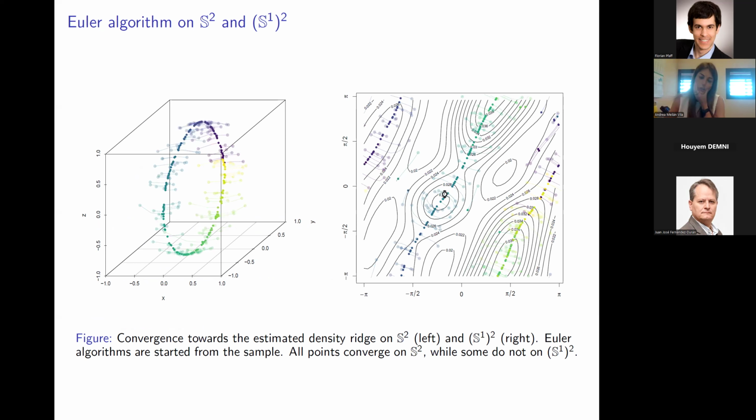Meanwhile, the representation on the right is for the product of two circles. So we have the convergence towards the estimated density ridge. In this case, all points converge on the hypersphere of dimension 2. Meanwhile, some do not in the case of the product of two spheres.